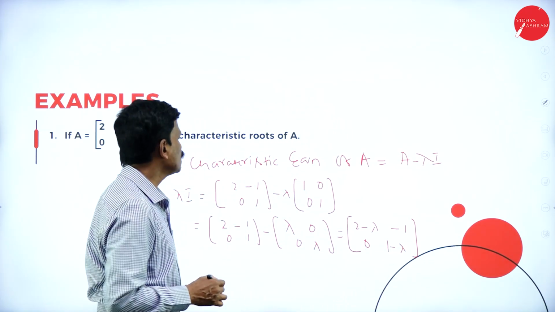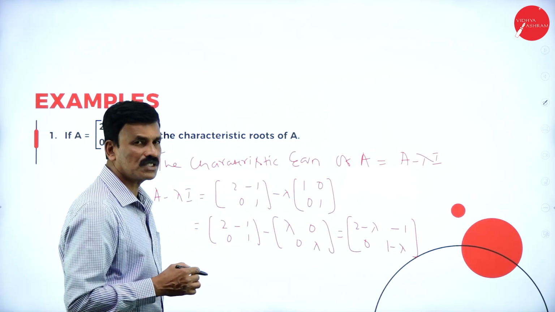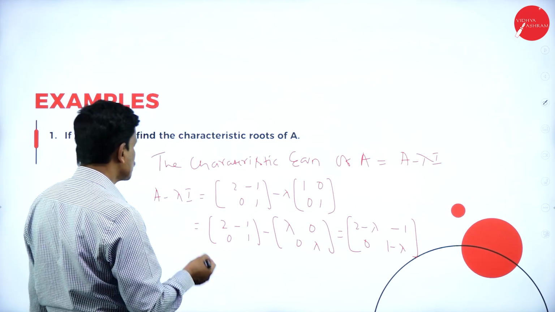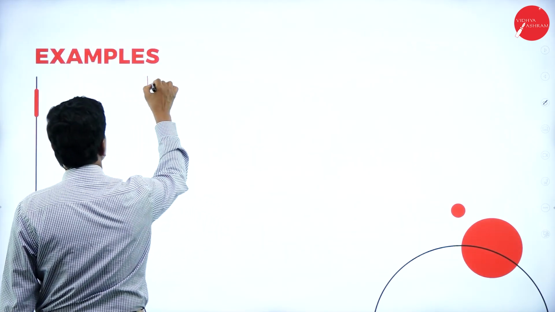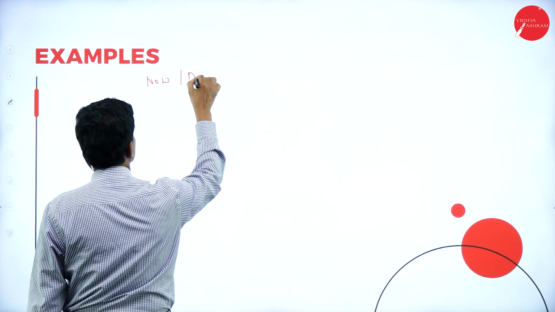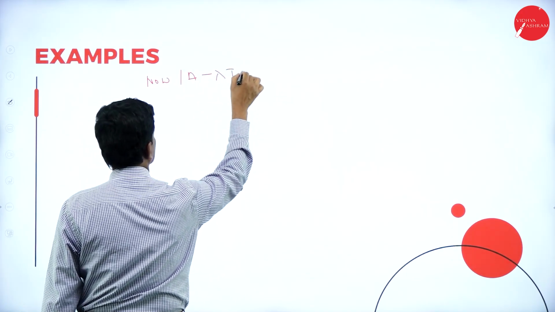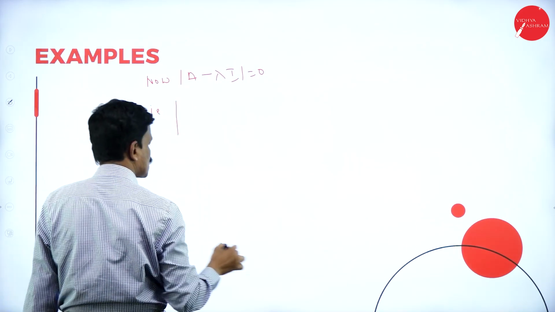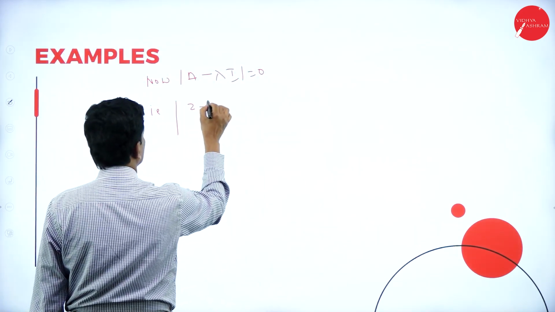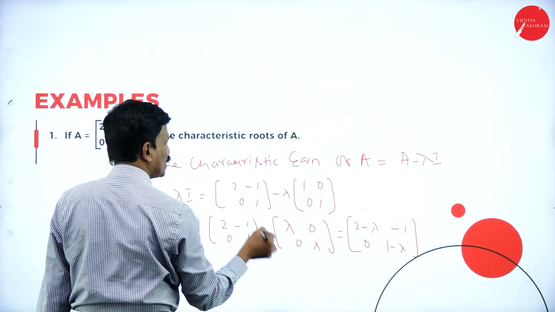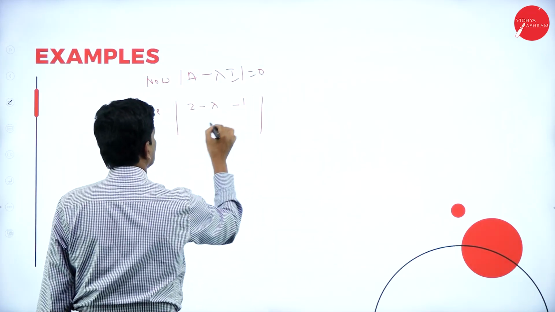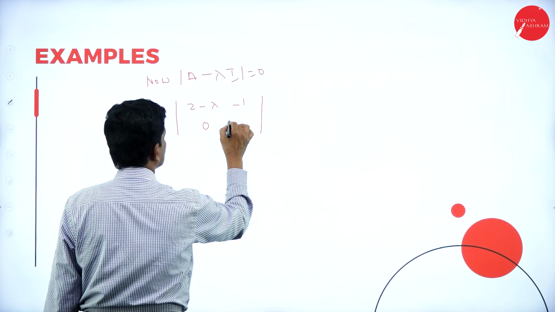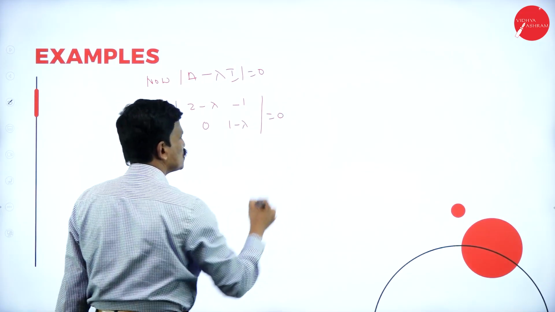Now the characteristics equation is determinant of A minus lambda I is equal to 0. That is, the determinant of [2 minus lambda, -1; 0, 1 minus lambda] is equal to 0.